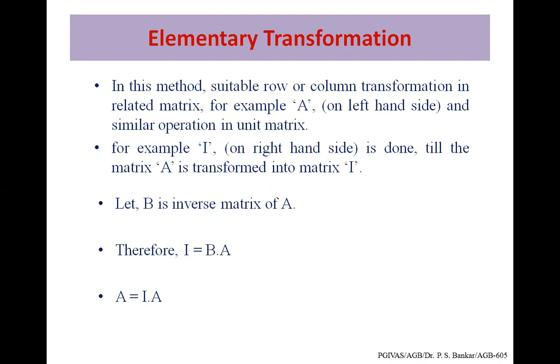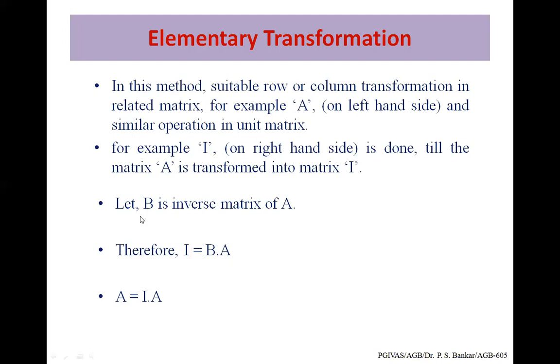As the name suggests, elementary transformation. Here, what we are doing in this method is a suitable row or column transformation on the related matrix, for example A, on the left hand side, to derive another matrix on the right hand side, which will be an identity matrix.